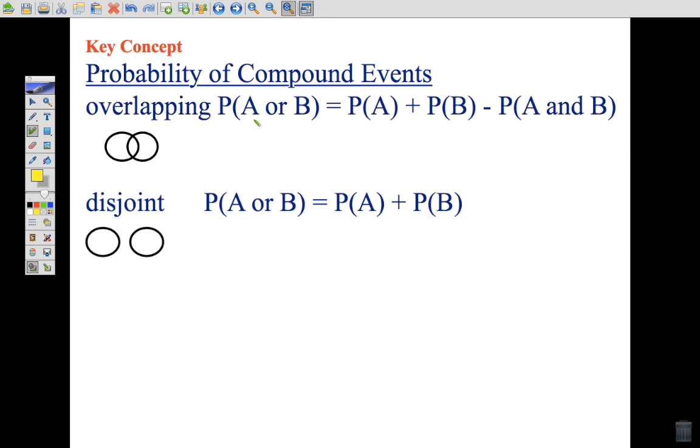So we're looking at what's the probability of event A or event B occurring? Well, you'll add A's probability to event B's probability, but you'll subtract out what was common to both. Now, for a disjoint event, you simply add the 2 individual probabilities together. And let's take a look at an example of each of those.